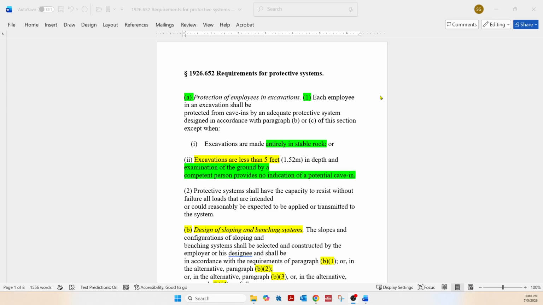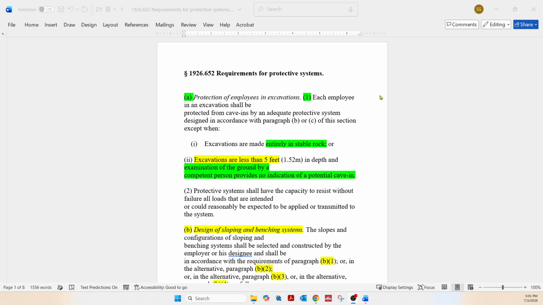There is a section 651, which is specific excavation requirements, which you can find in this module. And then there's also the famous 650, which is the scope, application, and definitions. The scope of 650 applies to all open excavations in the Earth's surface.